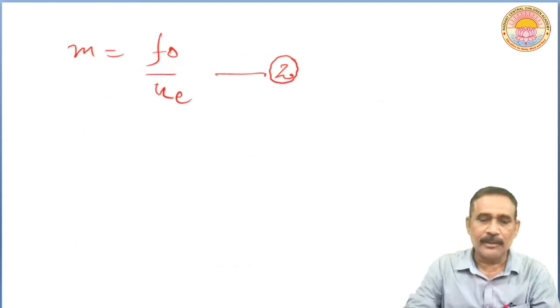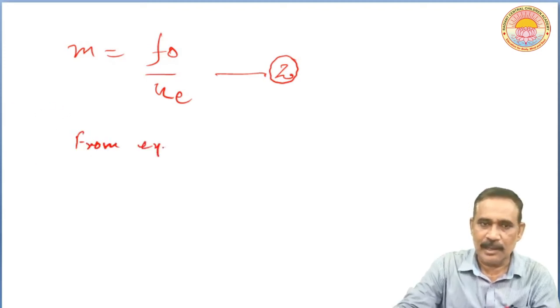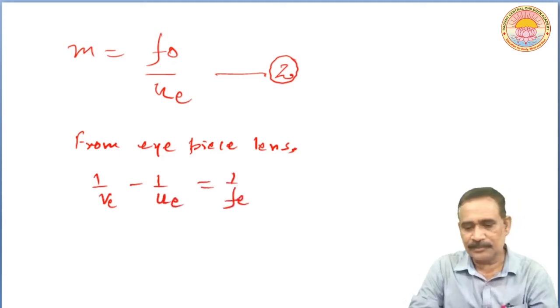So with the help of the eyepiece lens, the lens formula is 1 upon VE minus 1 upon UE equal to 1 by FE. Use the sign convention.